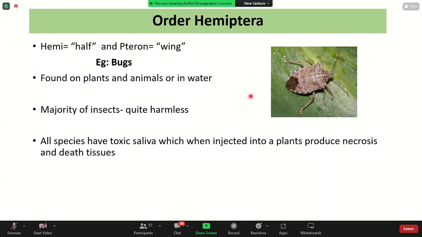And almost all these insects have toxic saliva, which when they consume the leaf tissues, they inject this toxic saliva into the plant. And because of that, necrosis and death of tissues in plant leaves or plant parts occur. Right? Toxic saliva.